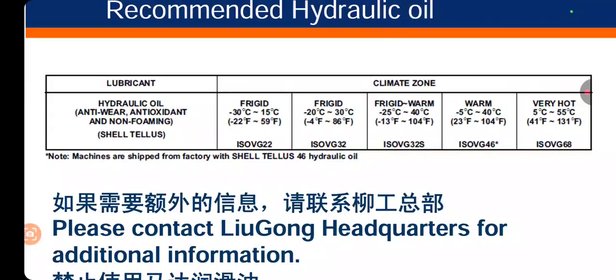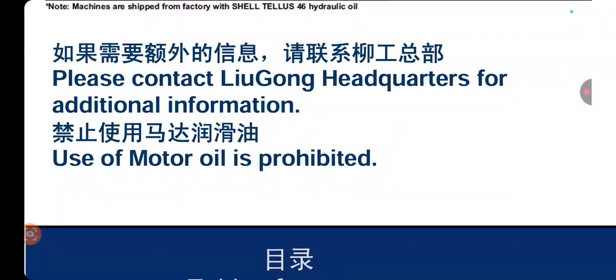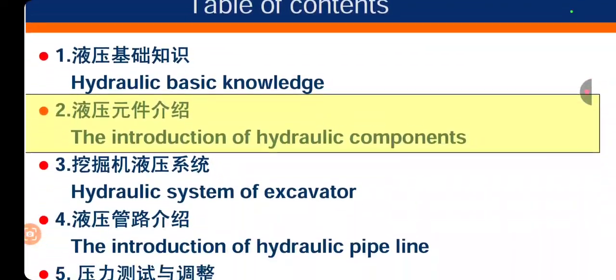If the machine is new, you can change the hydraulic oil after 1,000 hours for the first time only. And if the machine is old, like it's not the first time, it's the second time or third time, or onwards, you can change the hydraulic oil every 2,000 hours. Okay, so these are the basic things.